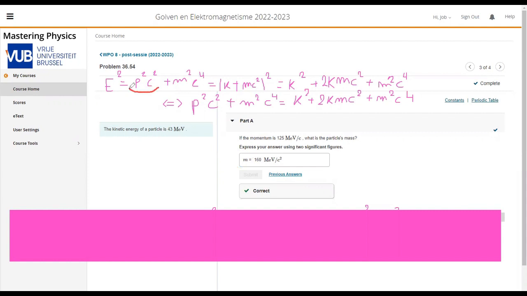This one is also a kinetic energy, basically, and this one is just the energy that the particle has.